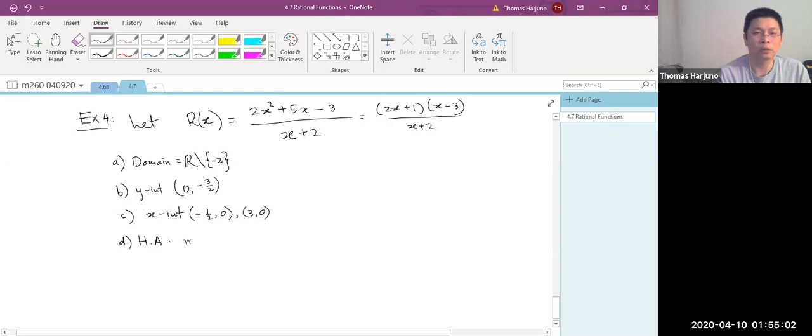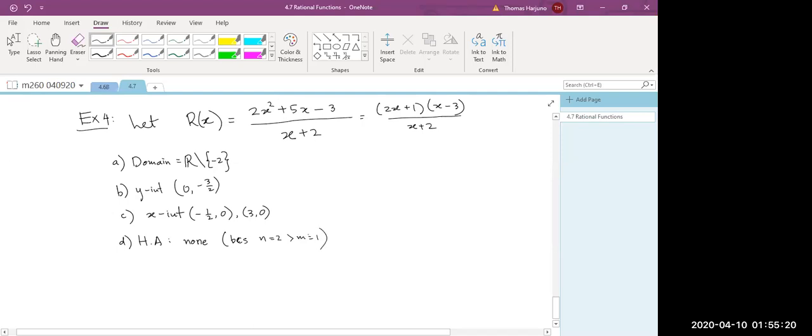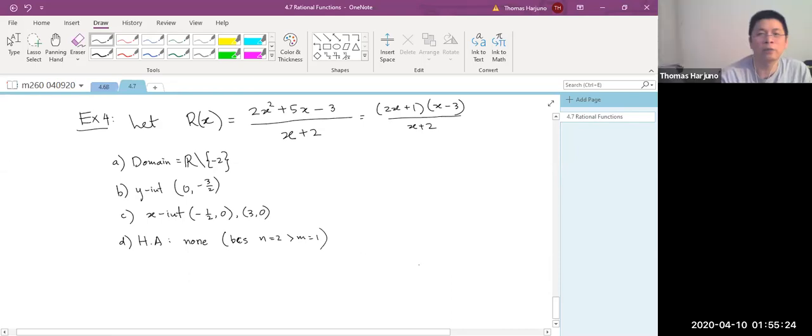There is no horizontal asymptote, because the degree on the top is 2, which is greater than the degree at the bottom, which is 1. Why does that mean there's no asymptote?